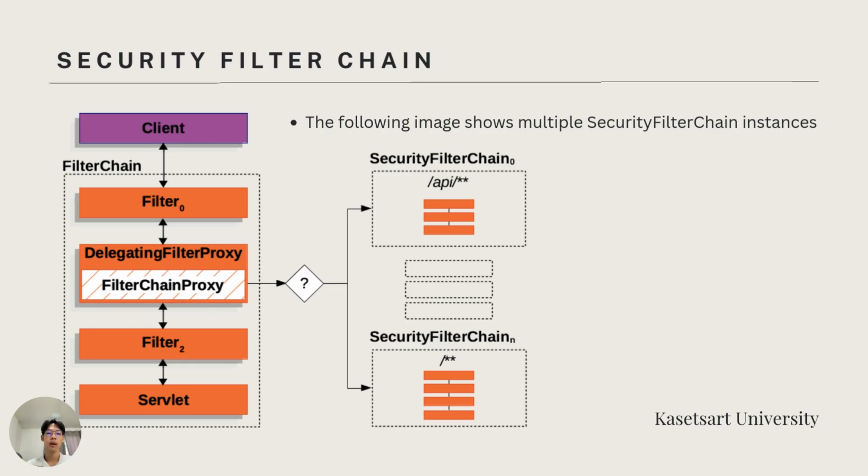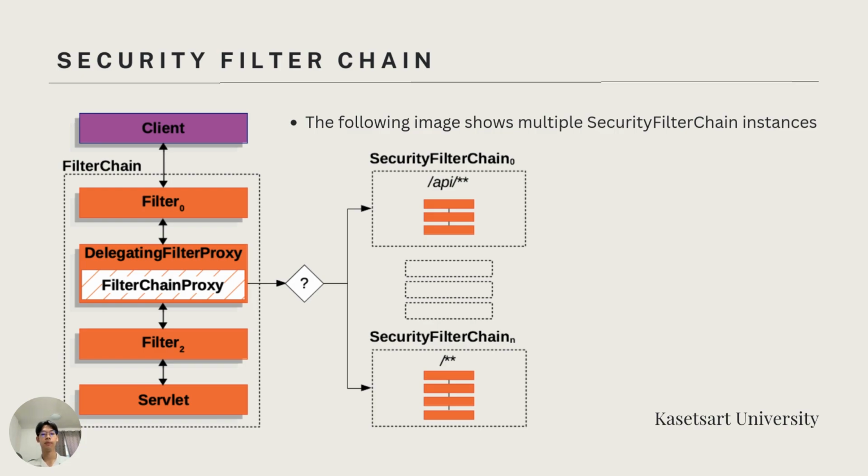If a URL of /api/messages/ is requested, it first matches on the SecurityFilterChain pattern of /api/**. So only SecurityFilterChain 0 is invoked, even though it also matches on SecurityFilterChain n.